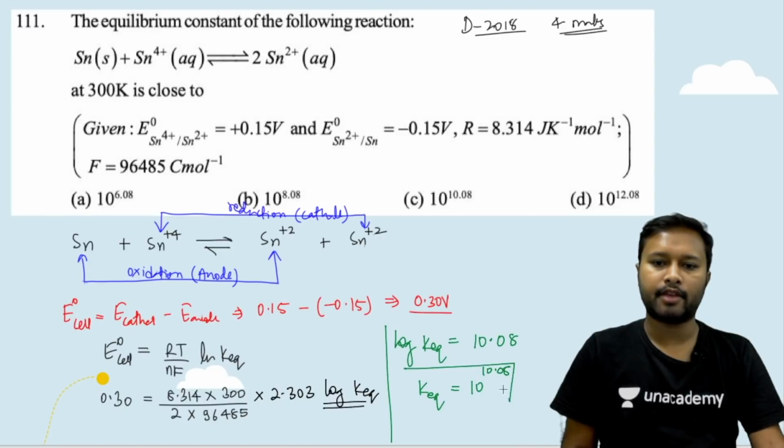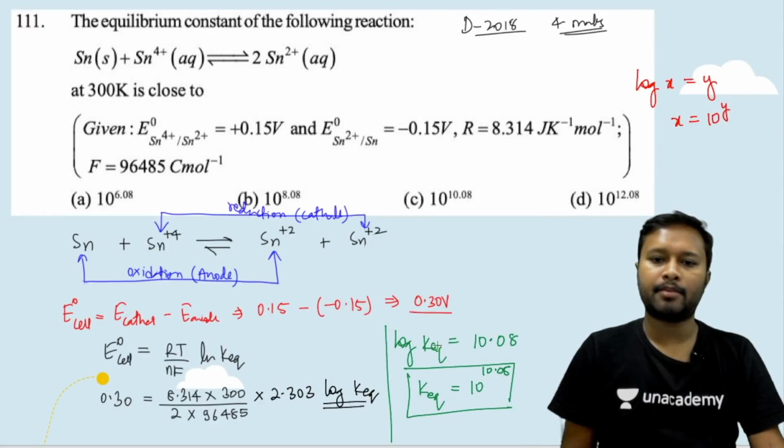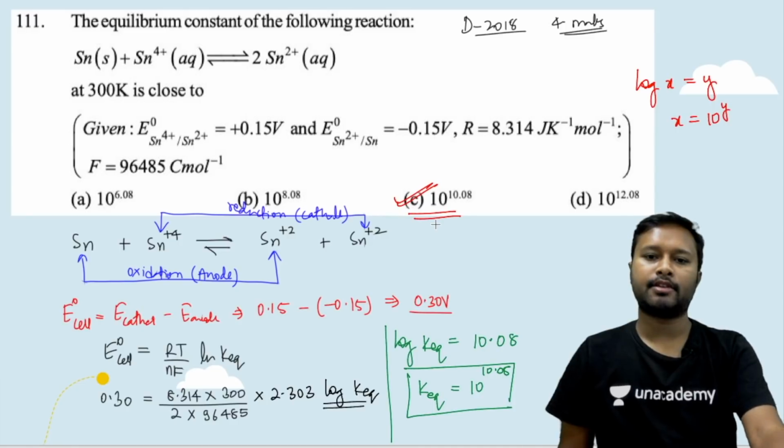This is going to be the final answer. How have I done this? You know this pretty simple relation, that if log x is equal to y, then x is equal to 10 to the power y. Same thing I have done. In the place of x I have Keq, and in the place of y I have 10.08. So my correct option comes out to be option C. Okay, so this is how it has to be done.